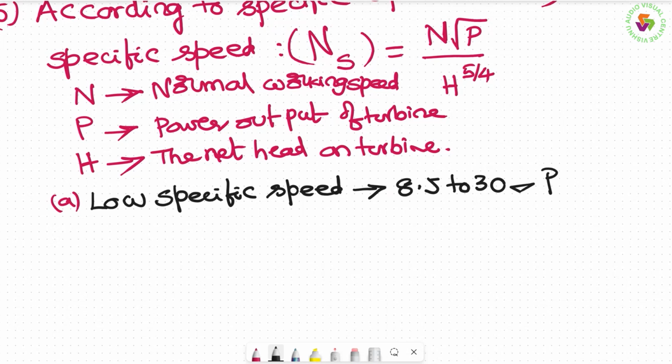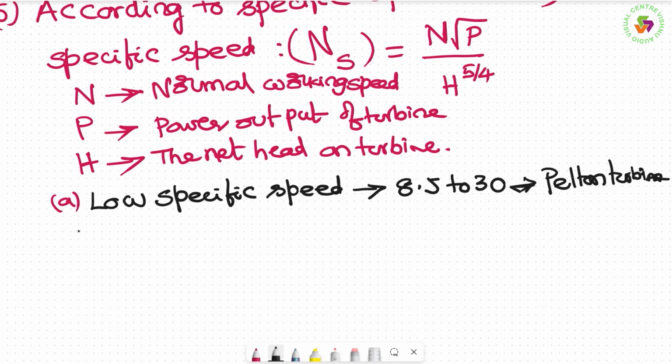Example is Pelton turbine. For your understanding, you can remember all high head turbines have low specific speed. The moment head is high, since head is in the denominator in the specific speed equation, automatically the specific speed will be very less. So low specific speed turbine means high head turbine.